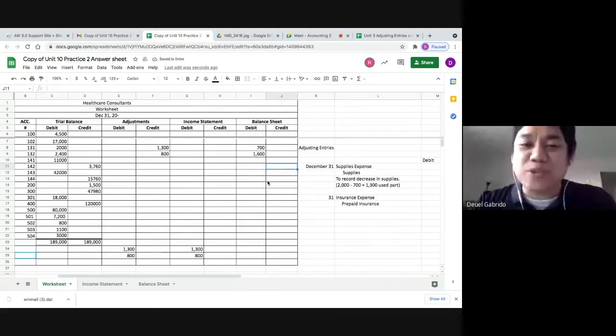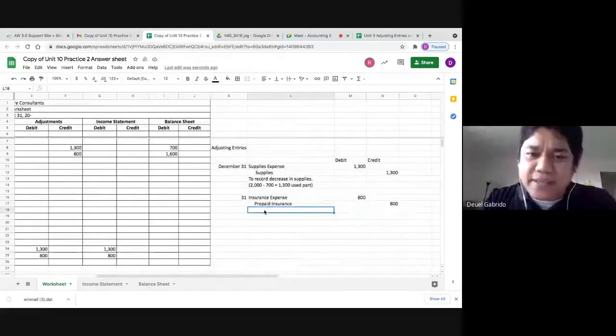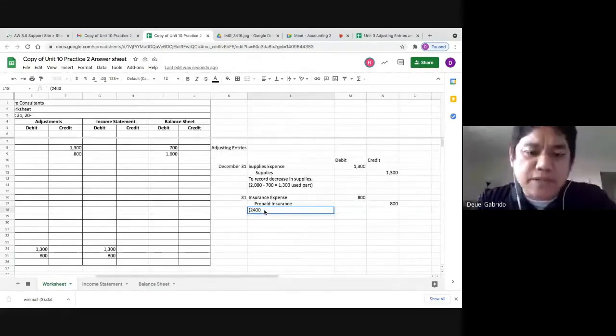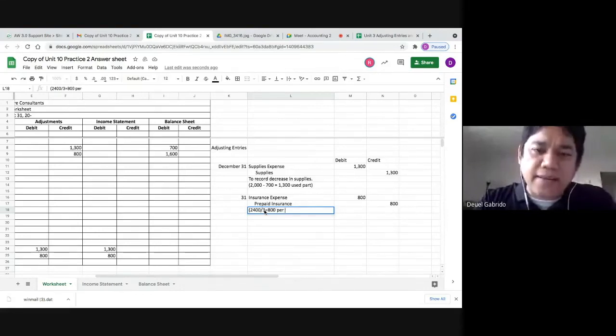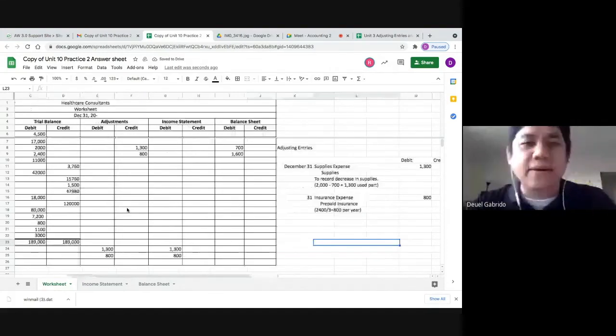How did you calculate the 800? The original amount of 2,400, your prepaid insurance, divided by 3 because it's 3 years in advance. The yearly amount is 800. That's the amount of insurance that we use per year. Now, let's go to the next.